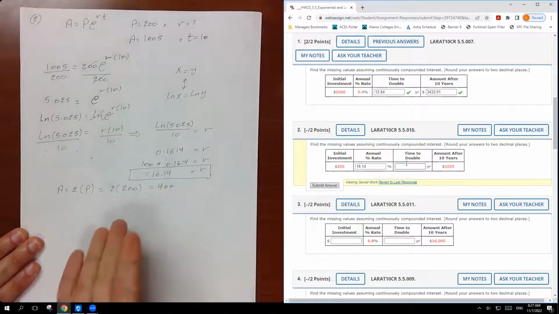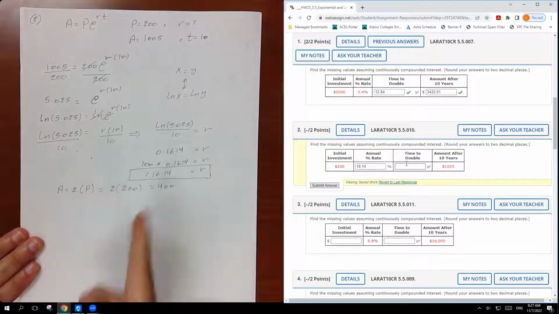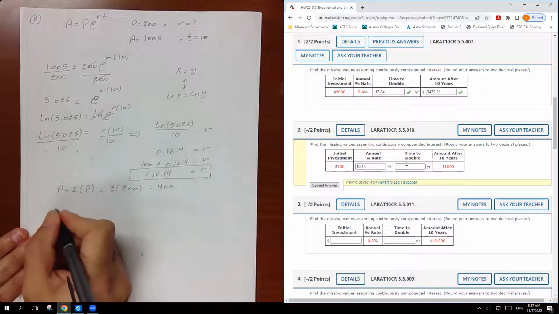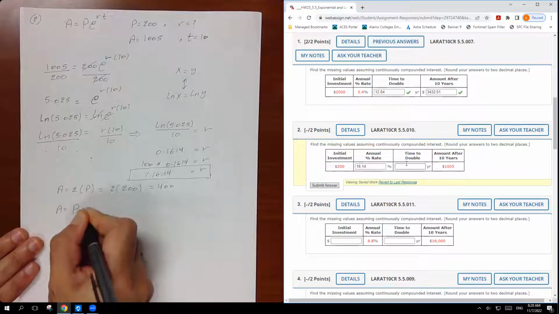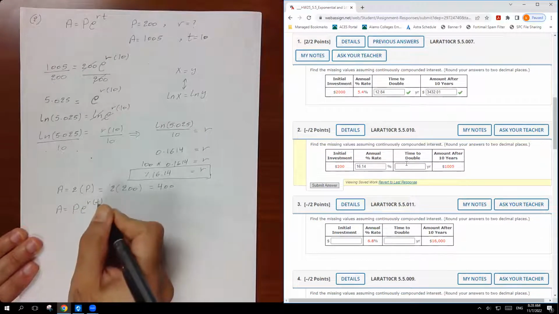So that's my future amount when it's doubled, but I need to find the time. I have the rate. That means A is going to be equal to P e^(rt). My goal is to find the time.